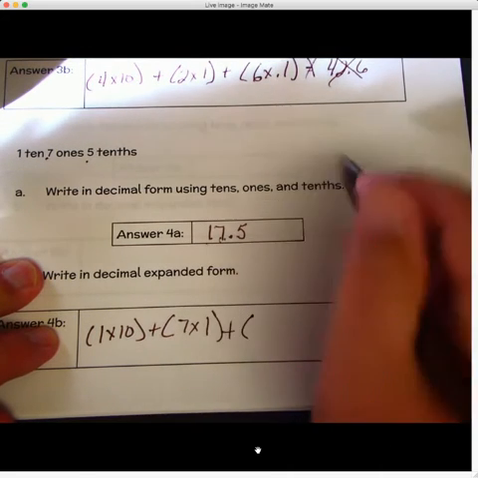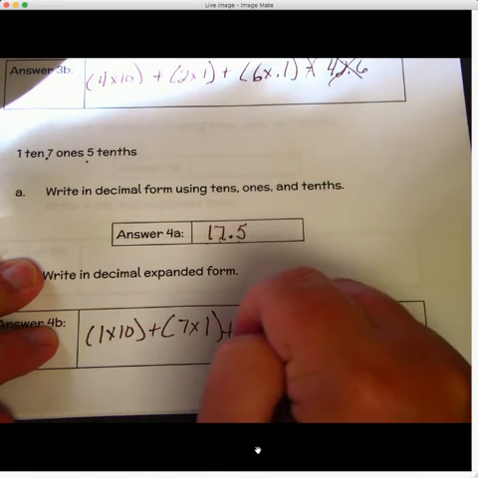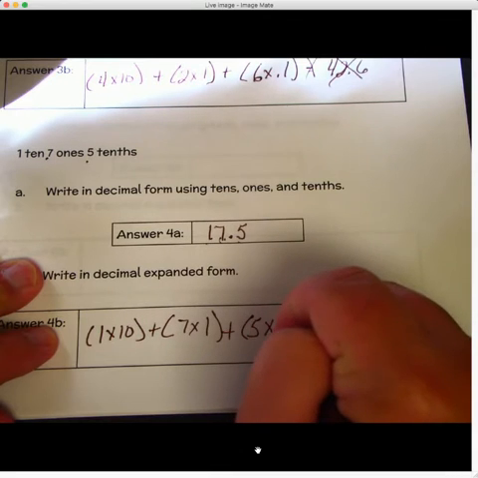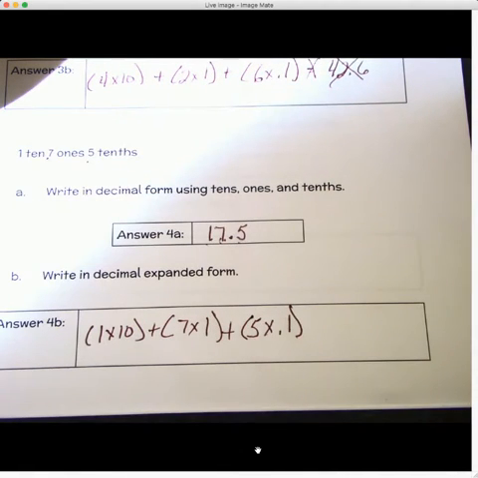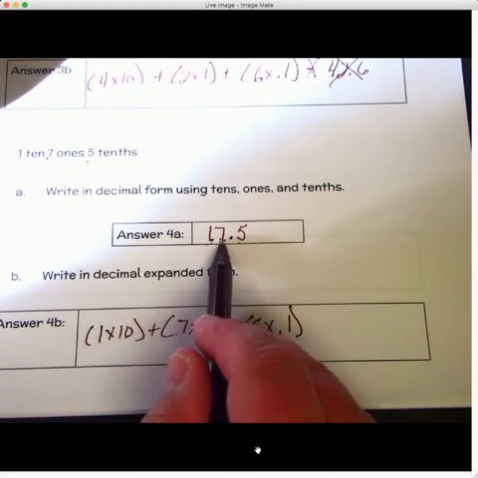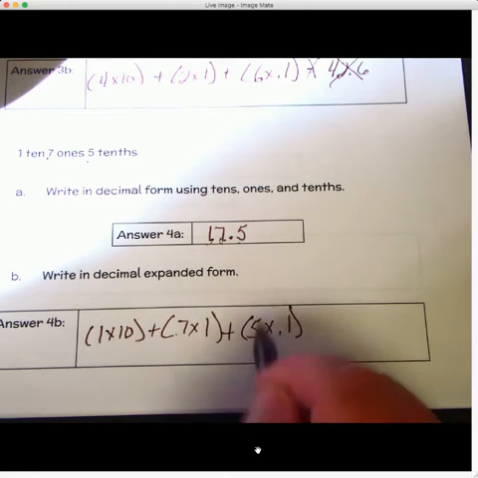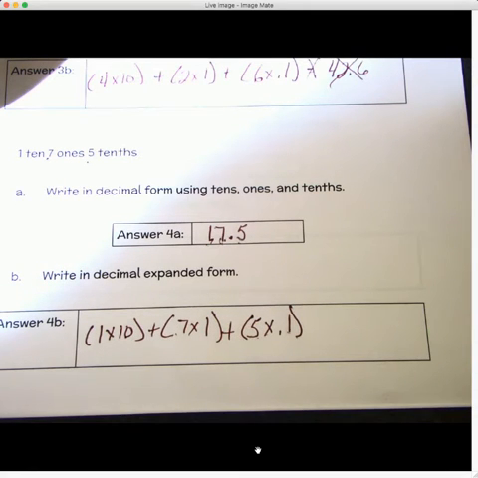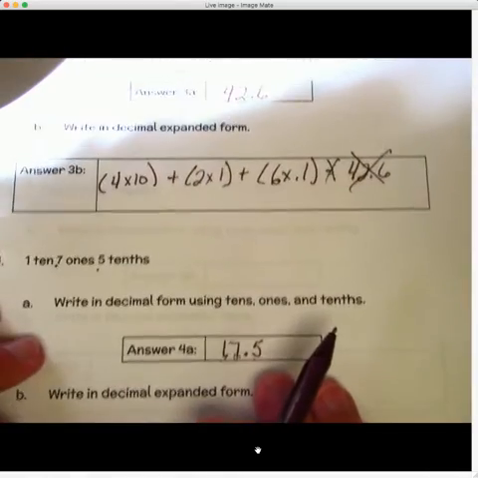Plus, we have 5 times a tenth. There we go. So 1 times 10, 7 times 1, and 5 times the tenth. There we go. Decimal expanded form.